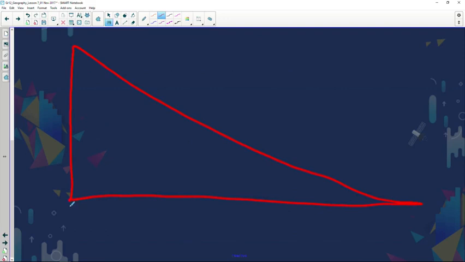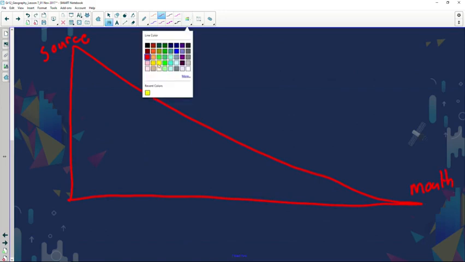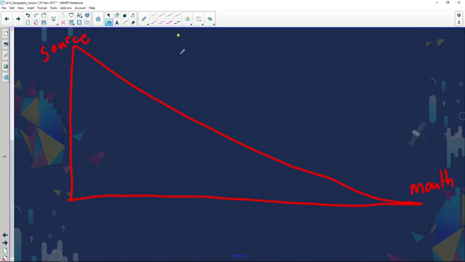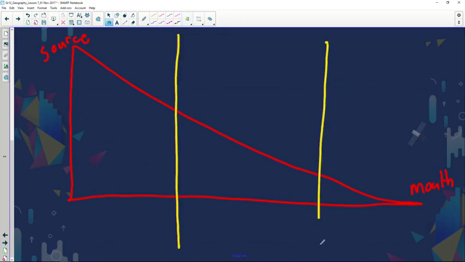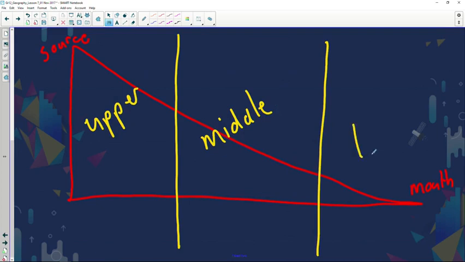A river originates from the source and ends up where it flows into the ocean, at the mouth. We can divide a river into three stages: upper, middle and the lower stage or course.